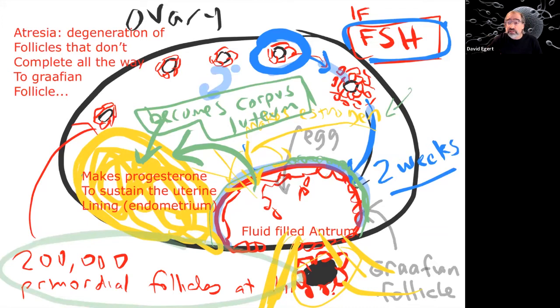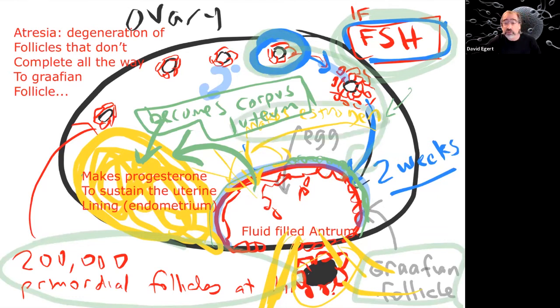If the monthly cycle is going, at the beginning there'll be FSH, follicle stimulating hormone, which will stimulate one of these follicles in this 2-week process to become a mature follicle, which is making estrogen, preparing the uterus. This is going to ovulate around week 2.